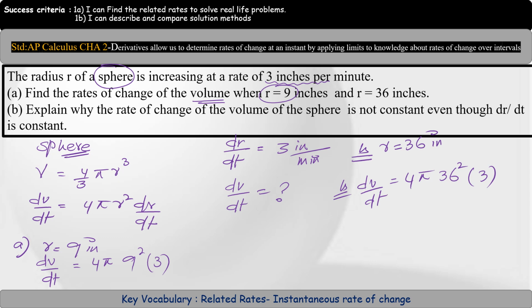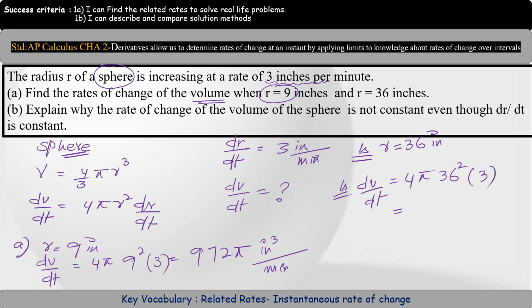You will get here 972π, since it is dV by dt, so the units will be inch cube per minute. Now solve the second equation where r equals 36.